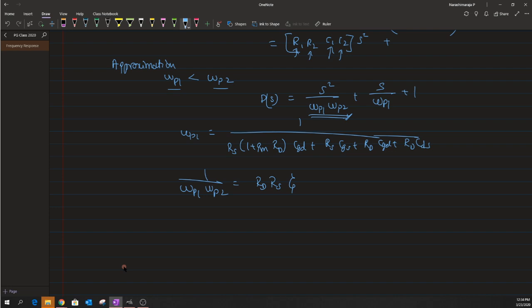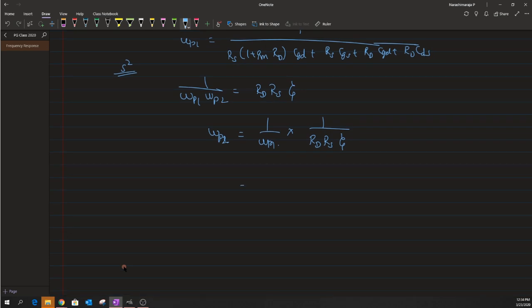Just by comparing the S square coefficients, from here I could write this omega p2 as 1 by omega p1 into 1 by Rd, Rs, and then the factor eta here.